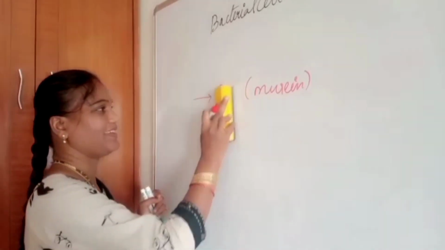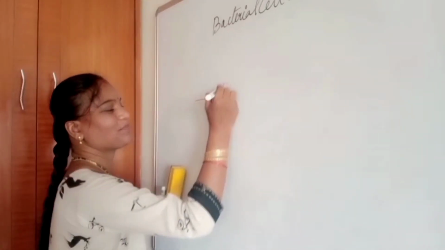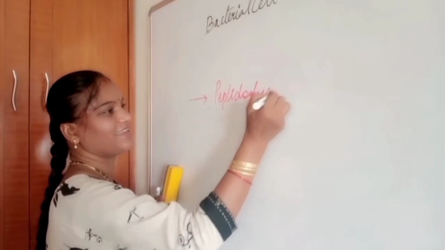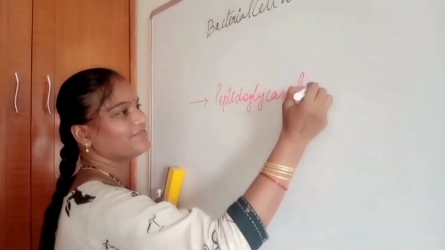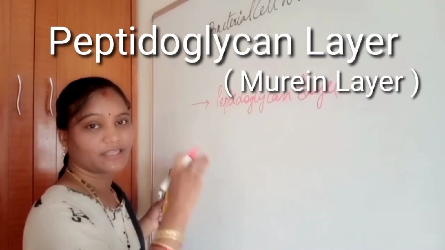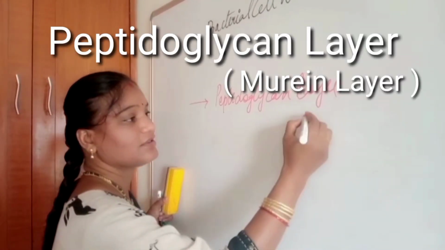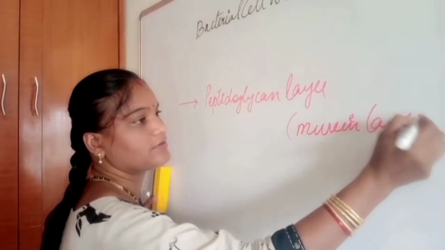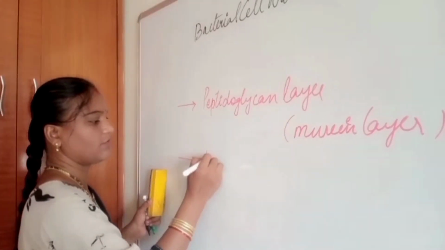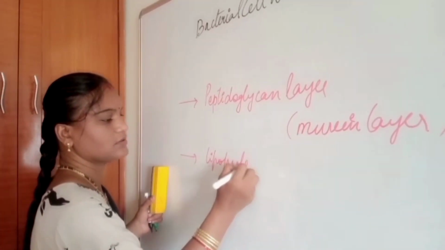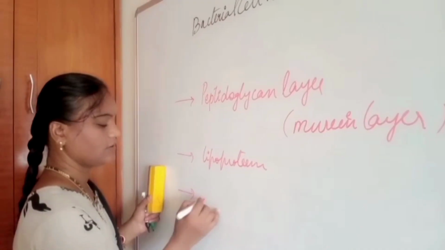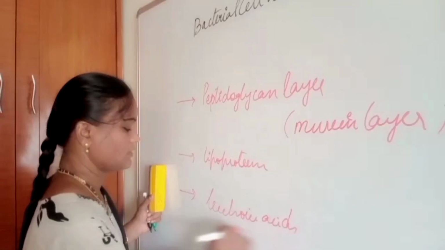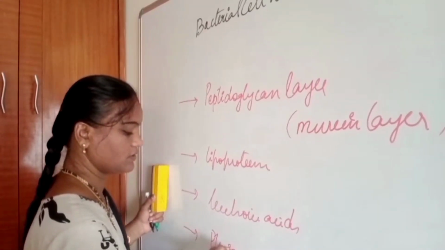PEG is not a peg; it is peptidoglycan layer, for easy remembrance. It also has lipoproteins, teichoic acids and phospholipids.